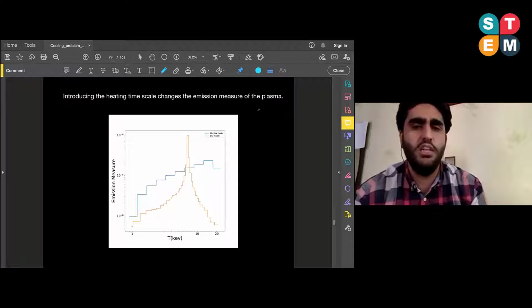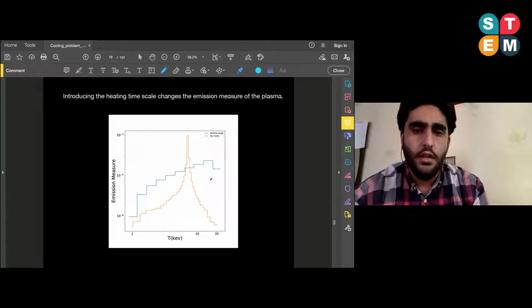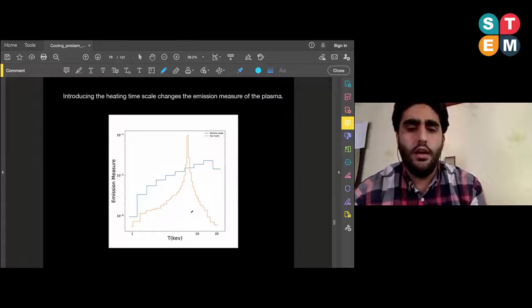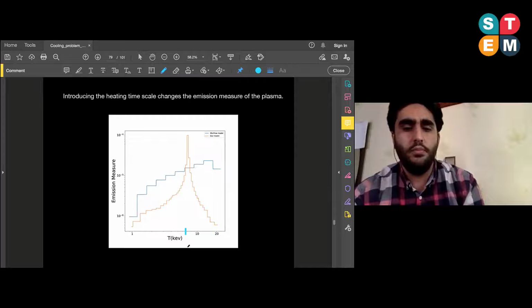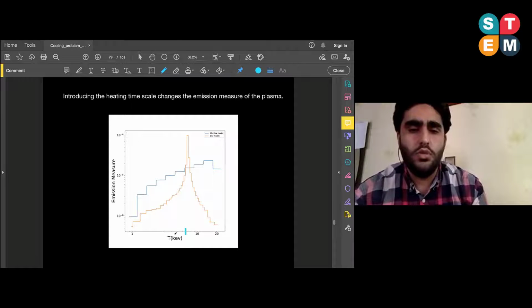First of all, the emission measure of our model is completely different compared to the MKCFLOW model. You can see we have a peak. There is a temperature which we call T star, which is the temperature at which most of the plasma at each annulus is located.